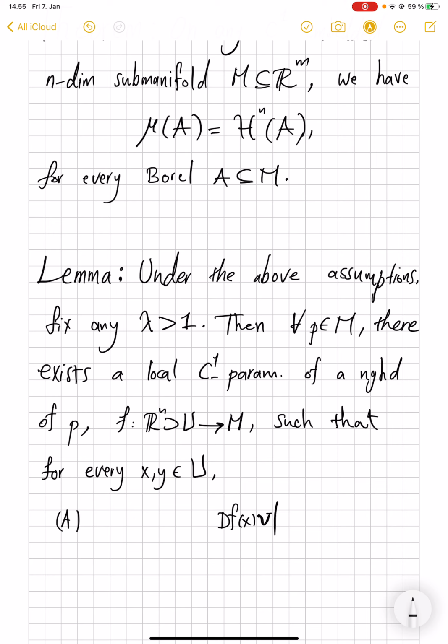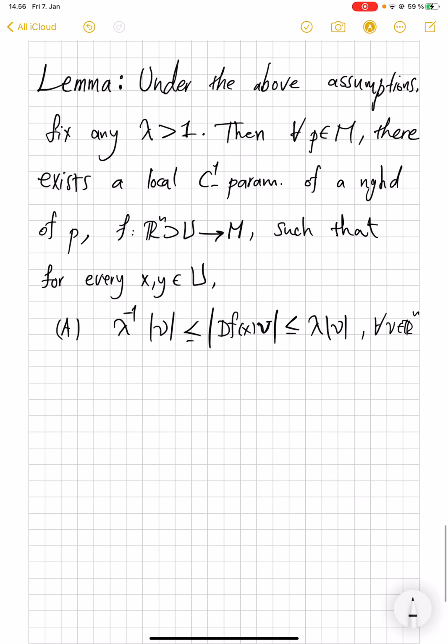We can say that the length of dfx of v is bounded above by lambda times the length of v, so that would be the identity times v, and below by lambda inverse times the length of v, for every v in Rn. So the derivative, let me draw a picture of this parameterization.